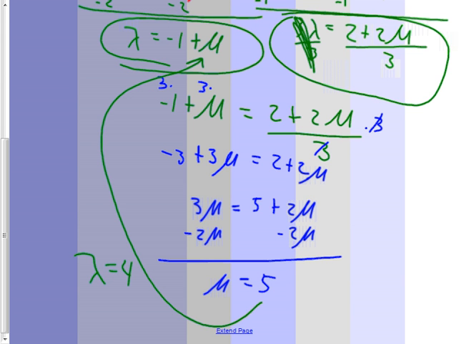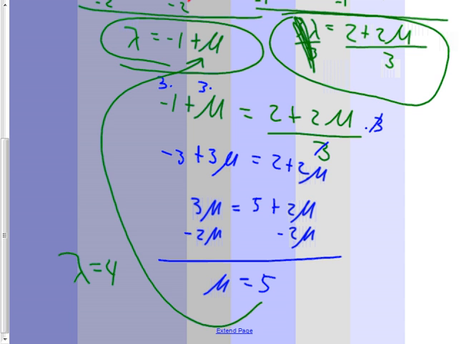Now this is really important. How do you know if you did it right? Problems that you can check are much better than not when you're on a big test, right? You can know if you did this right by seeing if I stick in mu is 5, I should get the same point as when I stick in lambda is 4. Because if they don't end up crossing the same point, then I'm toast.